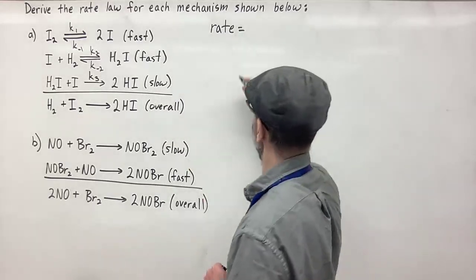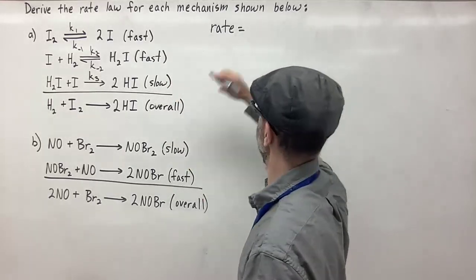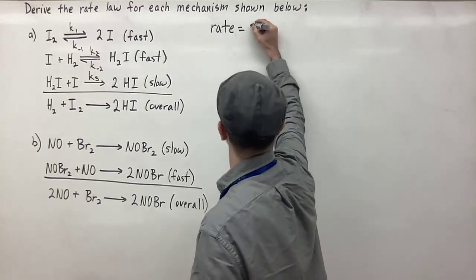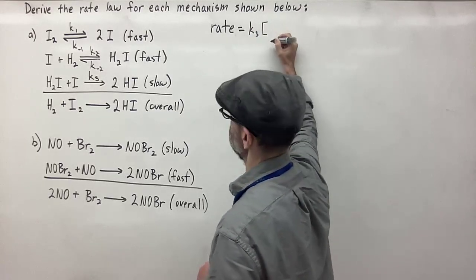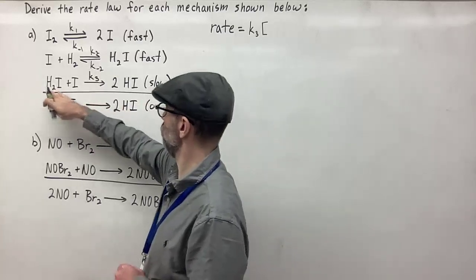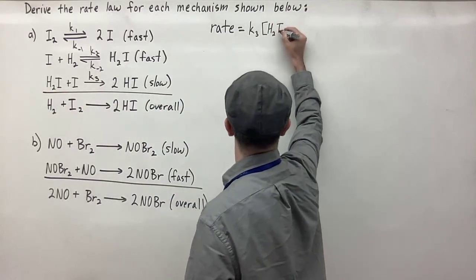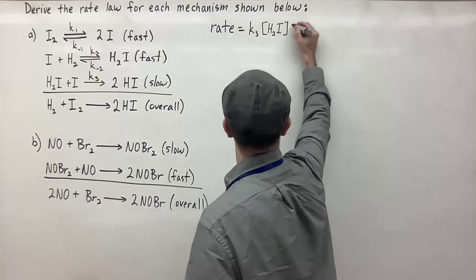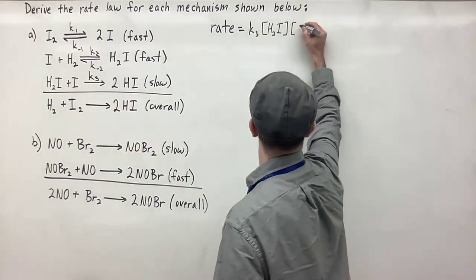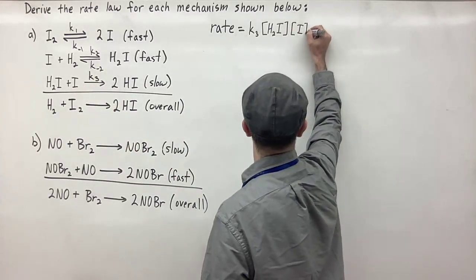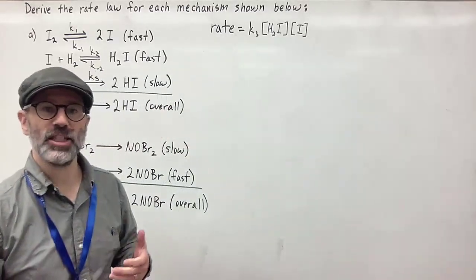Okay, so writing the rate law for this step, the rate is equal to k3 times the concentration of H2I times the concentration of I. That's basically how you write the rate law for each elementary step.